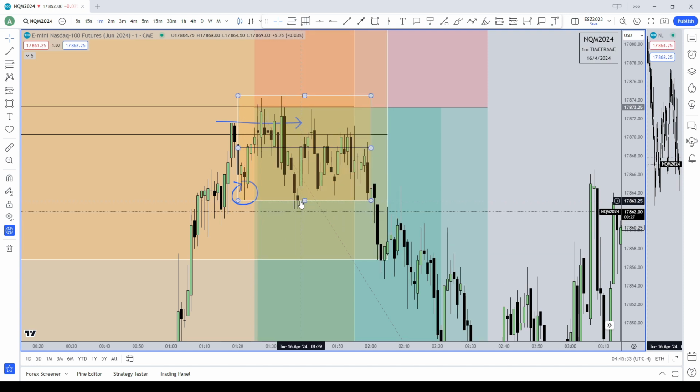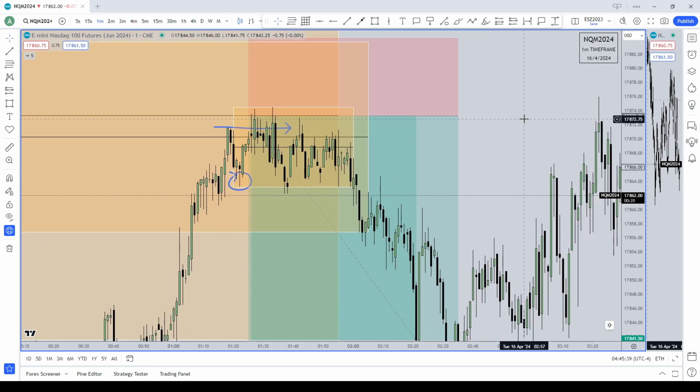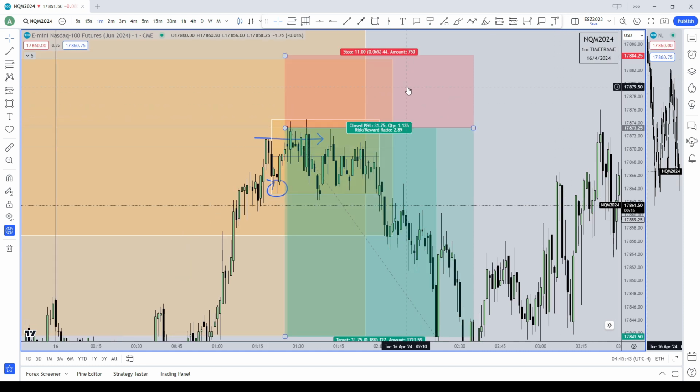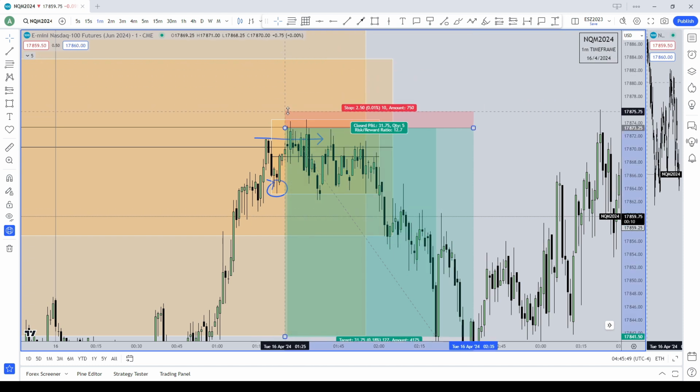It's the same. Yeah, but if you want to risk and you want to take this trade, look at that. Your stop loss will be 2 points.